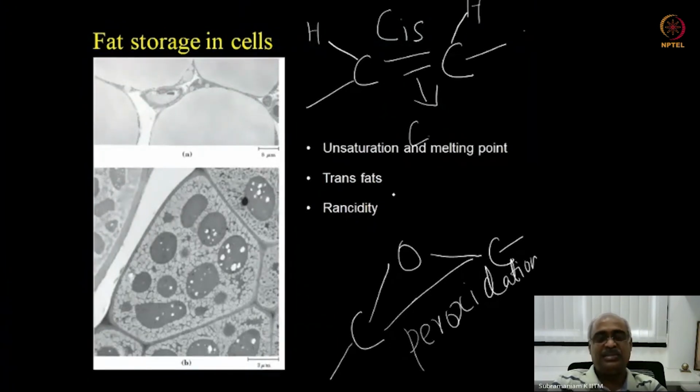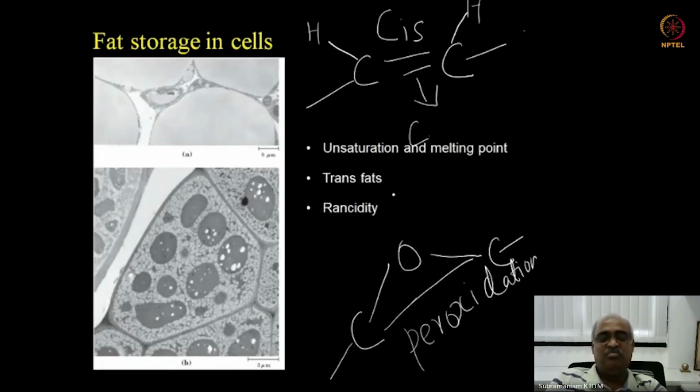Okay, so you need to look at the wrapper. When you buy biscuits or cookies next time, look at the wrapper, whether it says trans fat 0. If it says trans fat 0, it is good, but it is not going to be very crispy. The biscuit might become quickly powdery, but it is okay. It's a lot better for health.